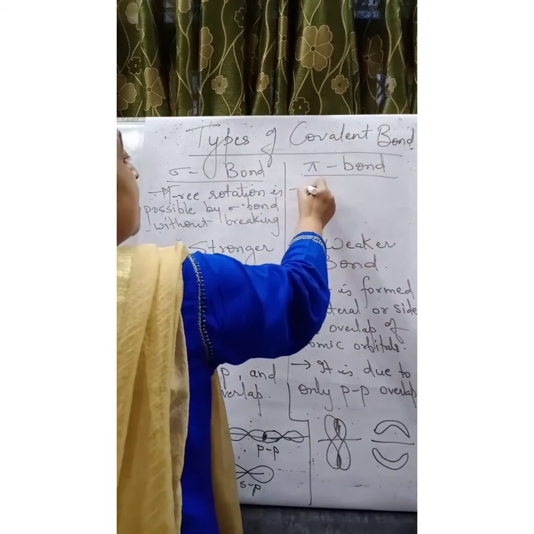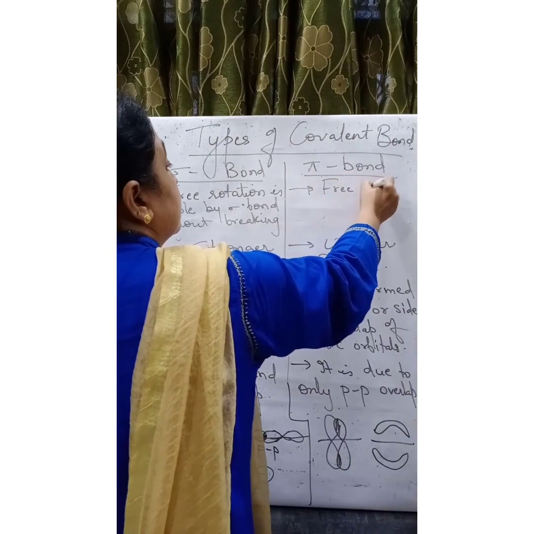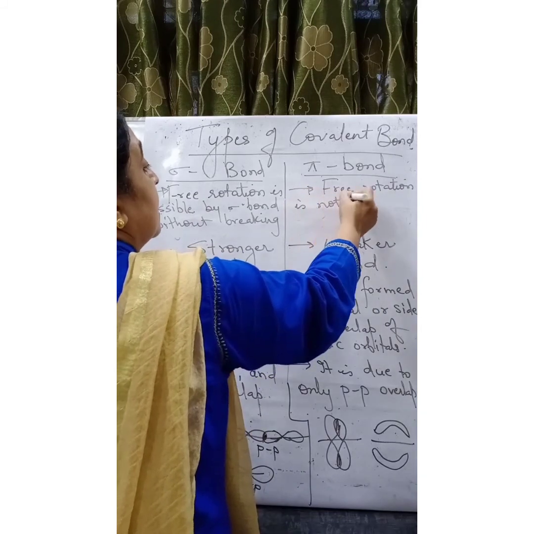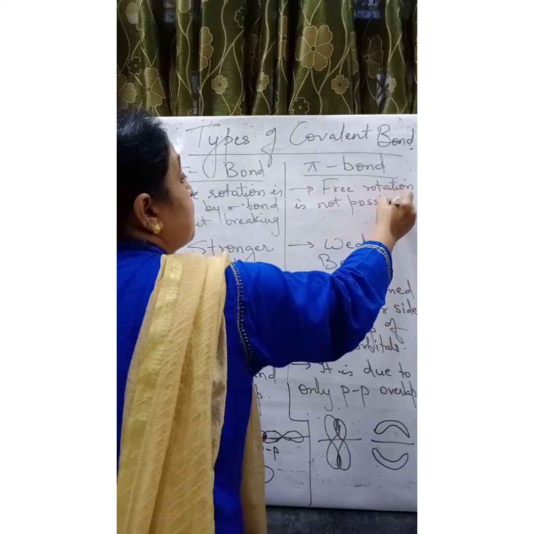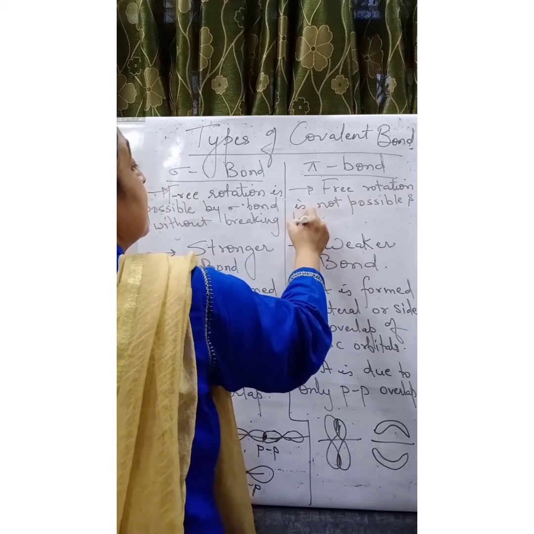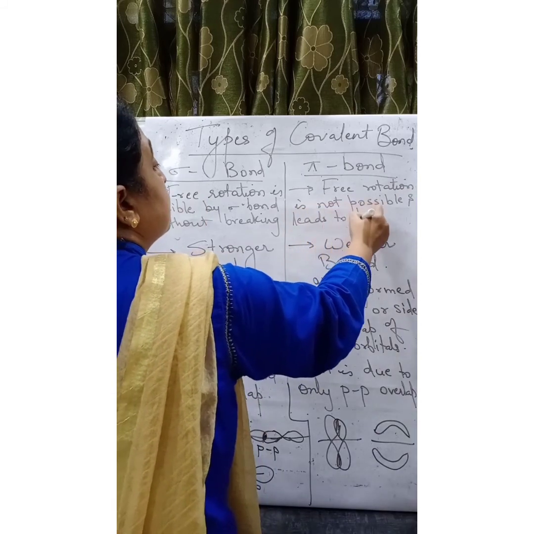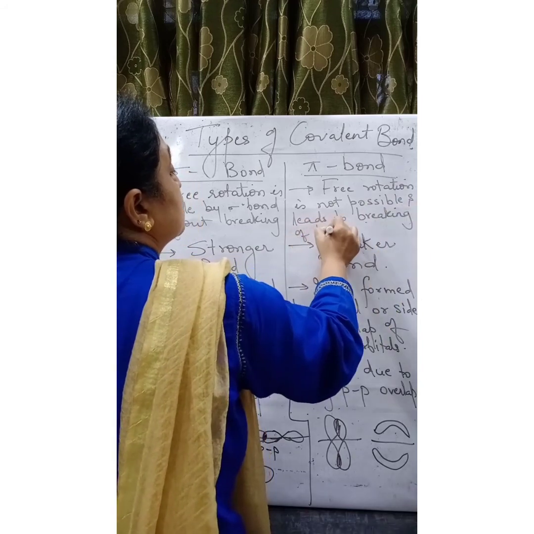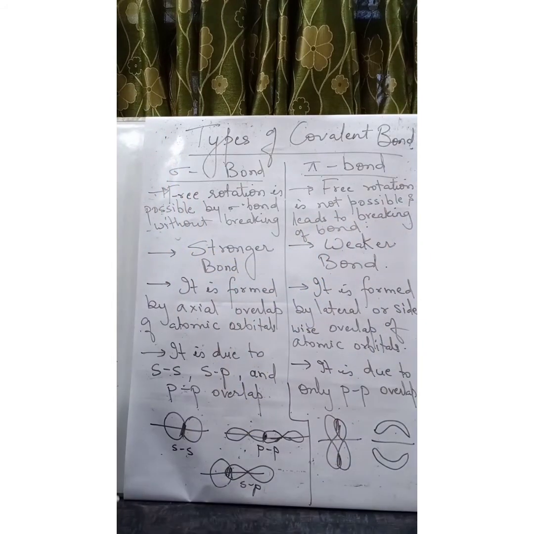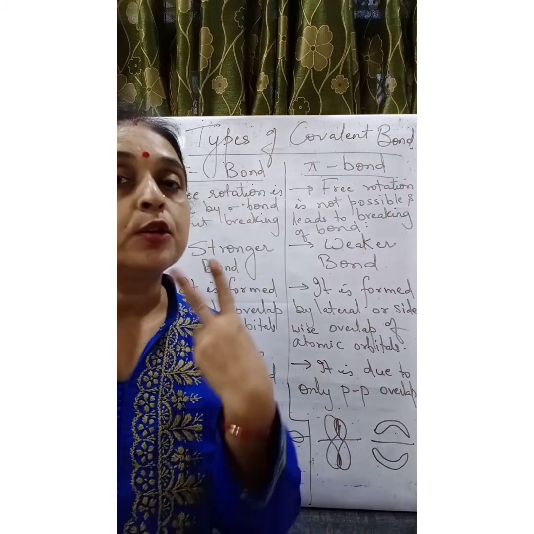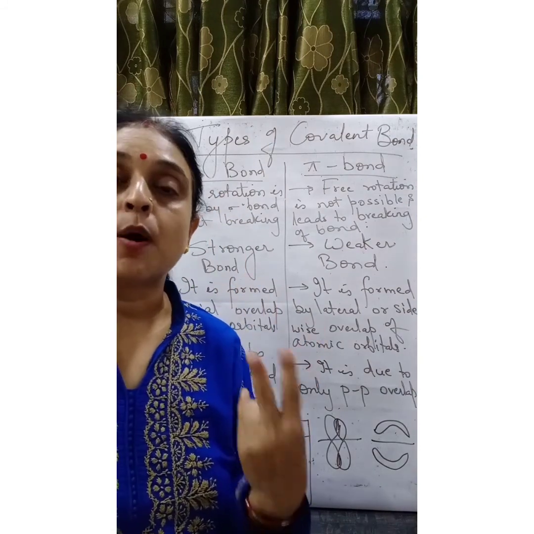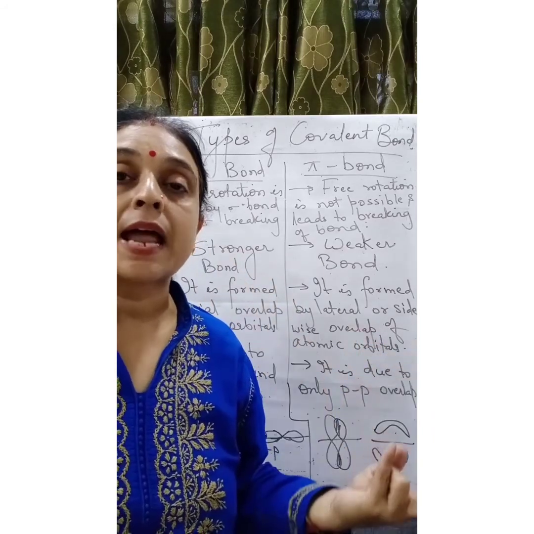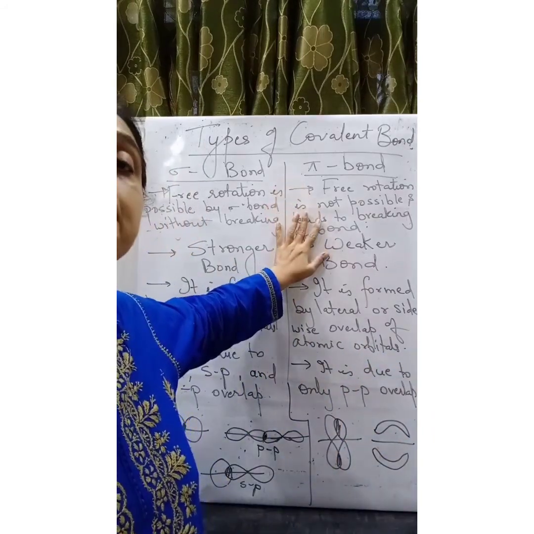Free rotation is not possible in the case of a pi bond and leads to breaking of the bond. So basically two important covalent bonds are formed by this overlap. The stronger one is known as the sigma bond and the weaker one is known as the pi bond.